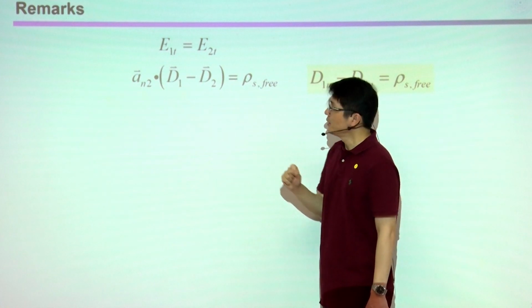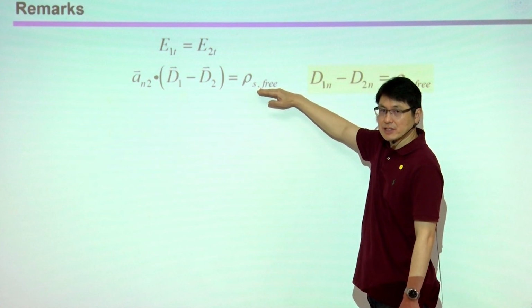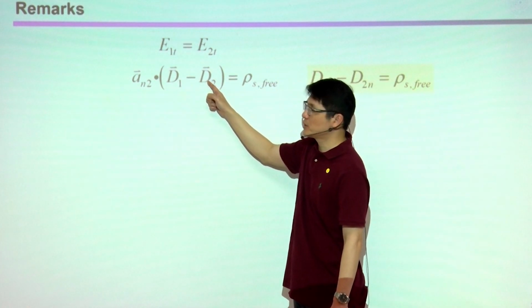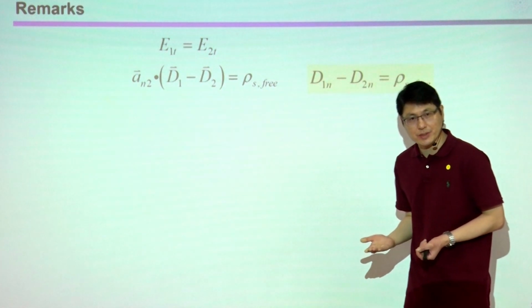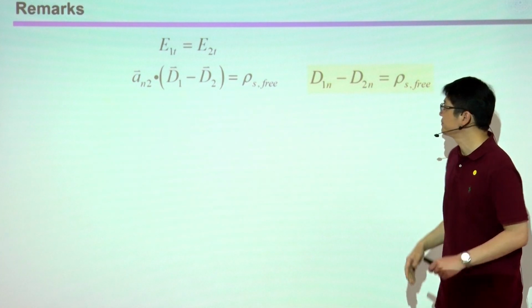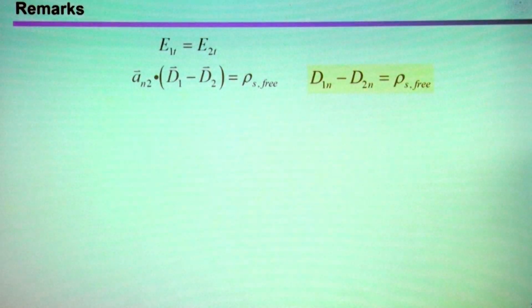Okay? If you have free charge density along the surface, then D1 and D2 in the normal components, they don't have to be continuous. You can have rapid change. Okay? That's the meaning of this equation.